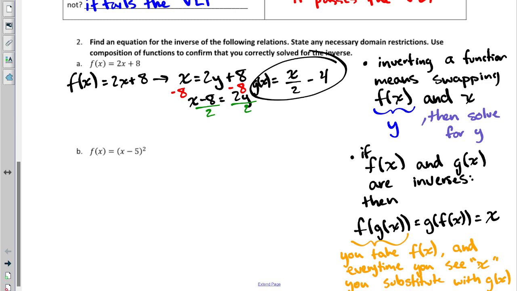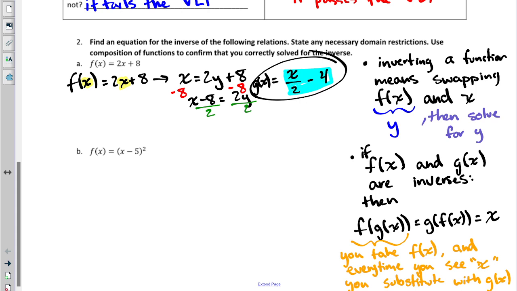These are just names for the functions, and that's maybe why you would use function notation instead of x and y. To rewrite f of g of x, every time I see an x in f of x, which I see right here next to the 2, I have to substitute it with this entire function.